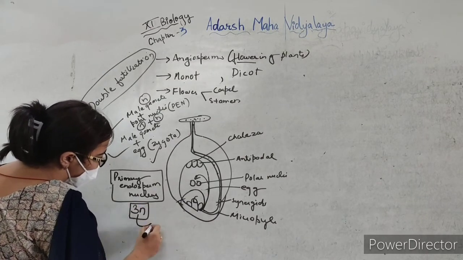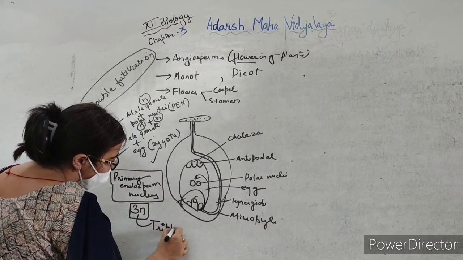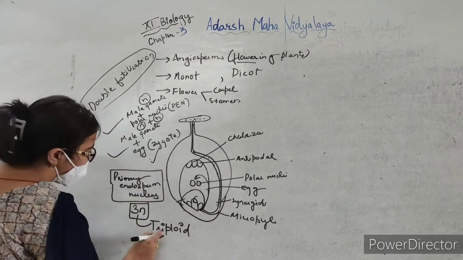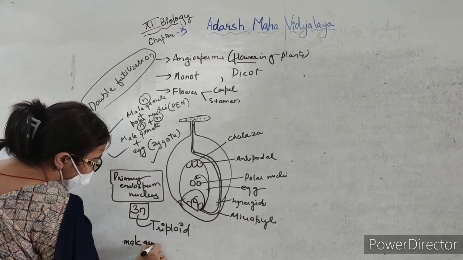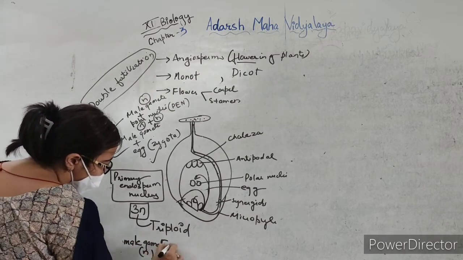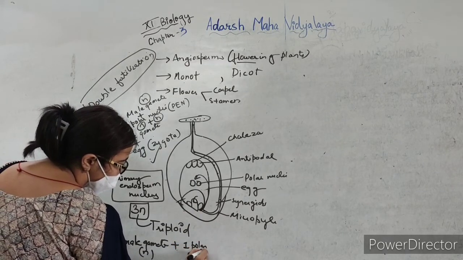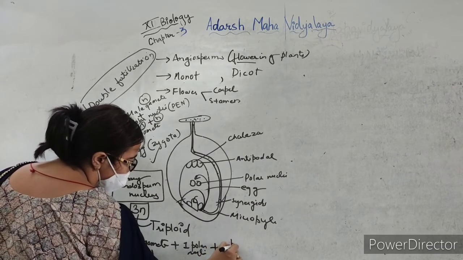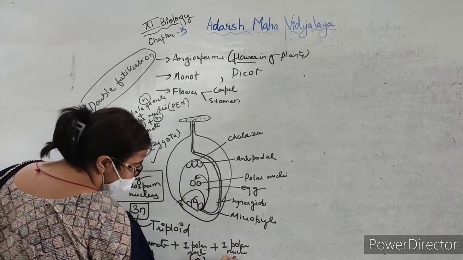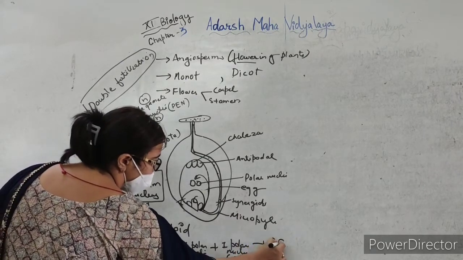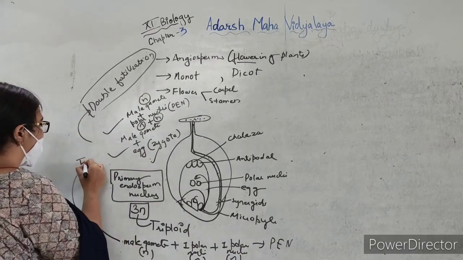So the primary endosperm nucleus which is formed is triploid, because the male gamete united with one polar nucleus plus the second polar nucleus. So 3N PEN is formed, and this is triple fusion.